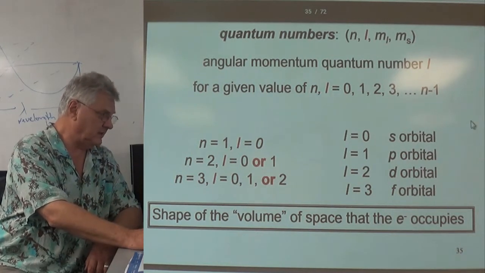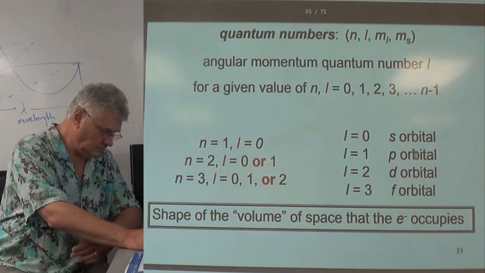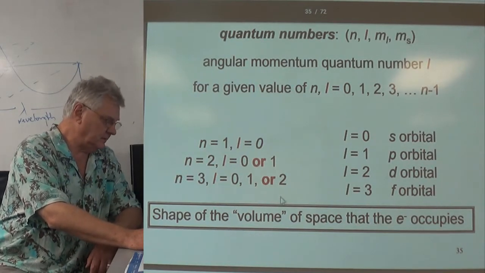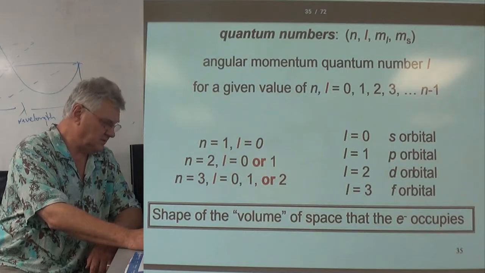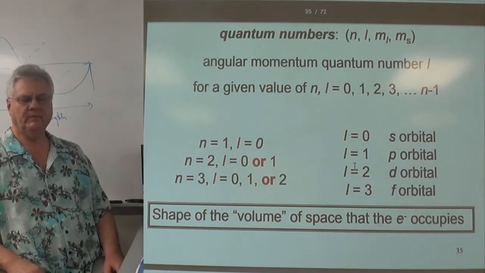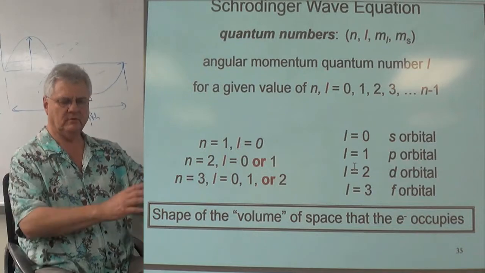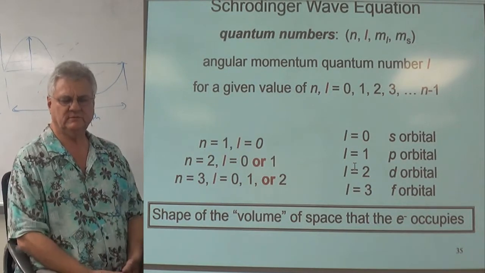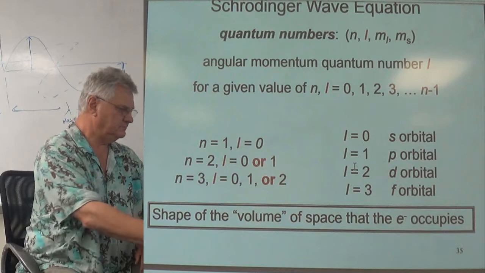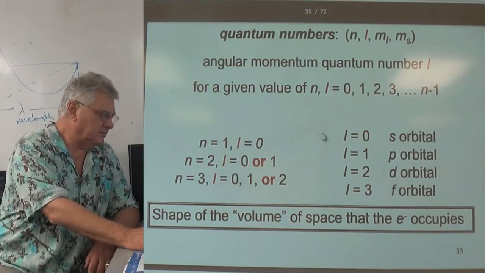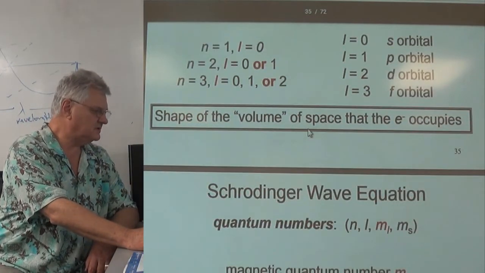When it's 0, that's an s orbital. When L is 1, those are p orbitals. When L is 2, those are d orbitals. And you get the idea. As the value of n goes up, the number of total orbitals that are possible goes up.